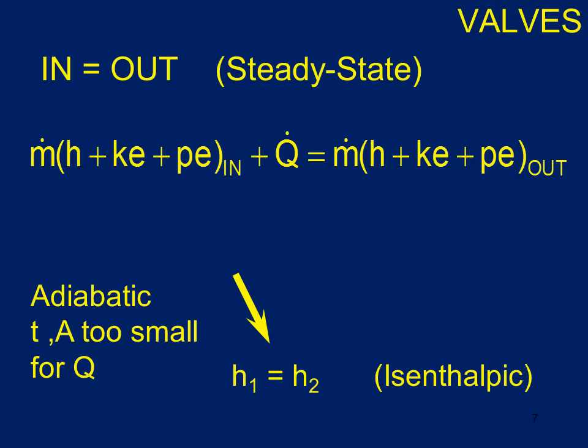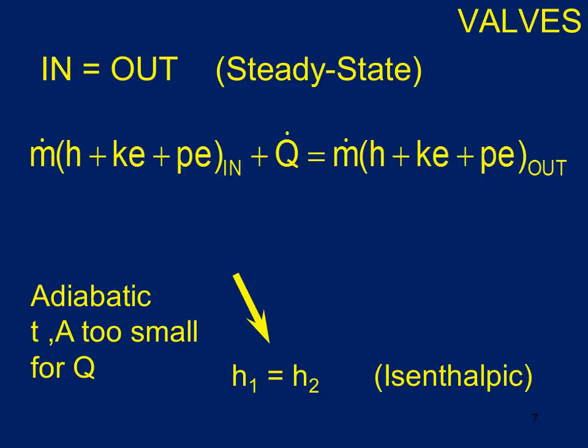Okay, let's look at the energy balance on the valve. In equals out, no accumulation. I mean, there's no place in the valve for the fluid to hold up, and so once you have fluid flowing through there, it'll come to steady state fairly quickly.